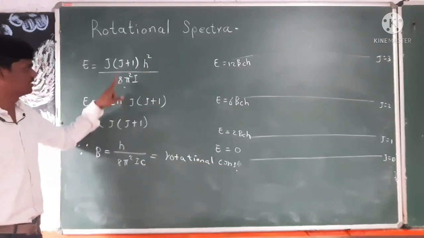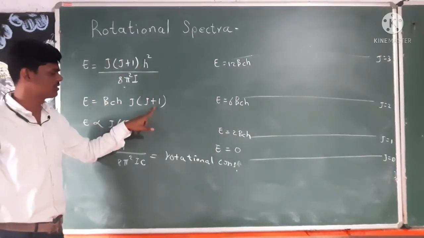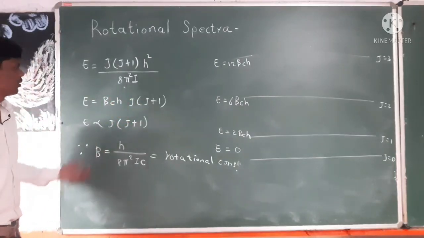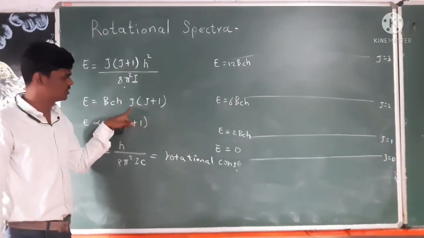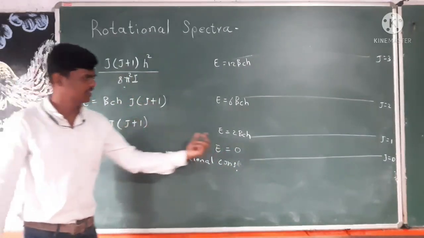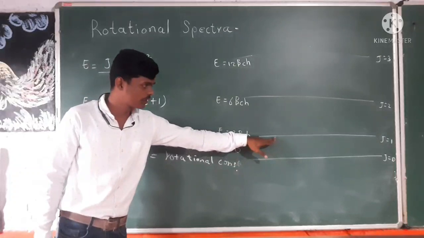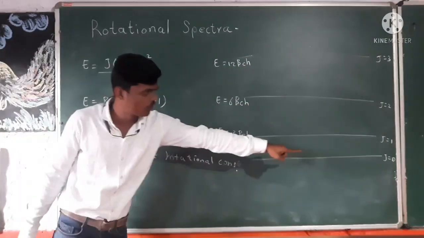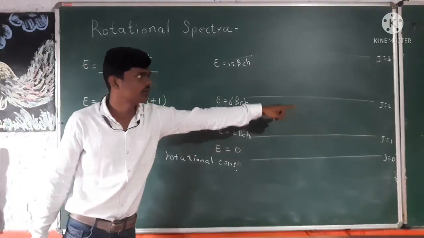So this becomes BCH j into j plus 1. If we put 0 in this j, we will get 0. Then we put 1, so we will get 2 BCH for this rotational energy level. So these are the rotational energy levels for all the values of j: 0, 1, 2, 3.